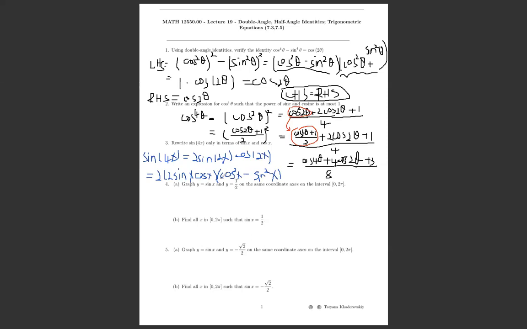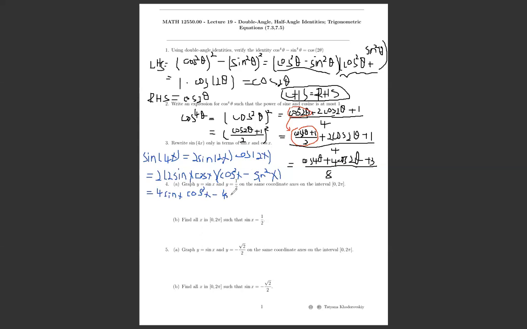All right. And you can simplify this, put these two together. So this is 4 sine x cosine x times this is sine x cosine third power, minus 4 times sine x cosine x times sine square.